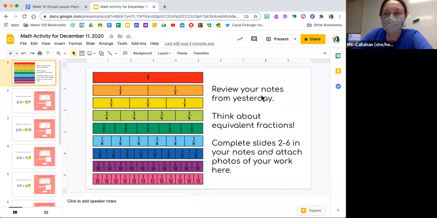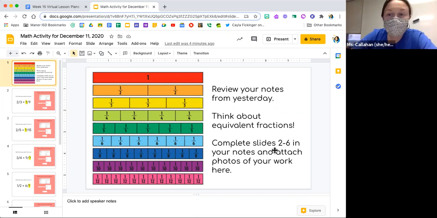I have for you to review your notes from yesterday, which is what we're doing right now, okay? Then also I want you to think about equivalent fractions, and if you really goofed on your notes, use this as a reference, okay? This one's perfect. Mine's not perfect, yours isn't perfect, but this one is perfect because it was made on a computer and it is like absolutely precise, okay?